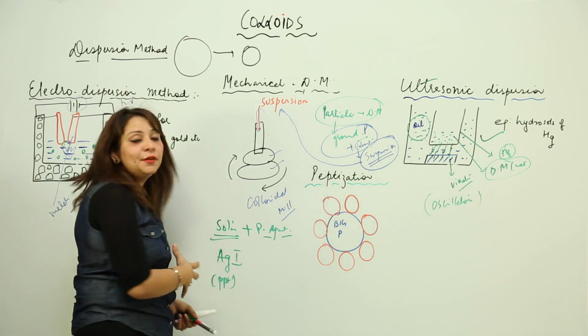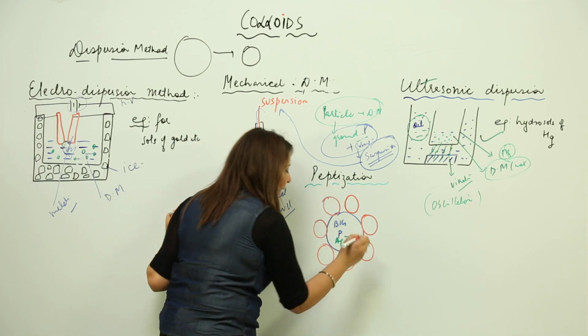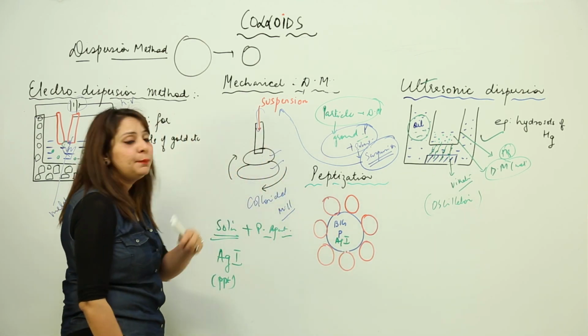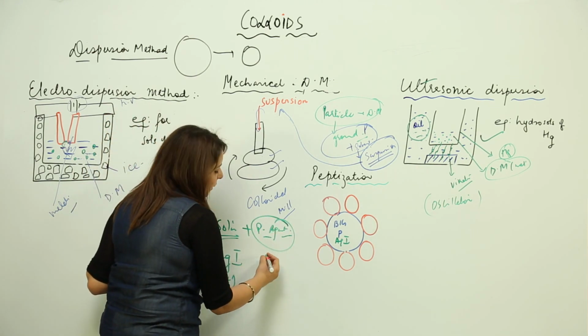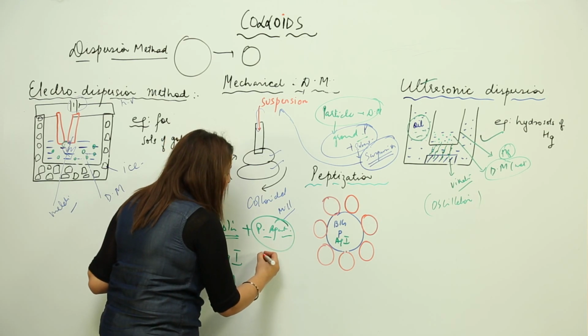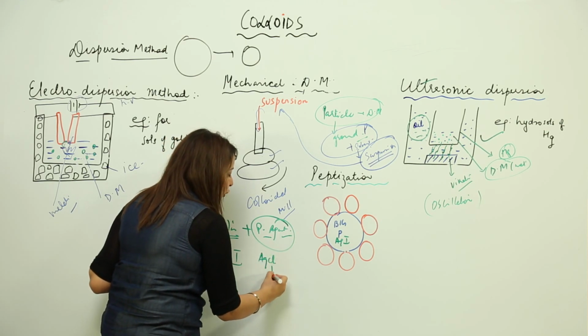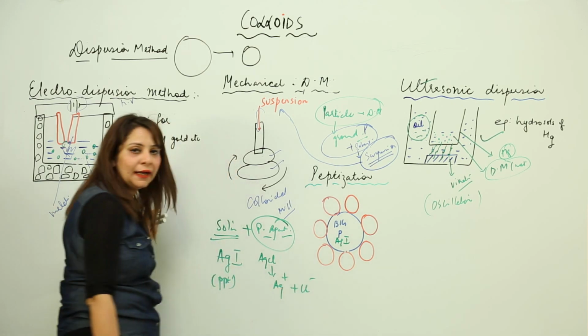So suppose I have a precipitate of silver iodide, AgI. Now I add a peptizing agent. Let us say my peptizing agent can be any electrolyte, say AgCl. As it is an electrolyte, it has a tendency to break up into ions.